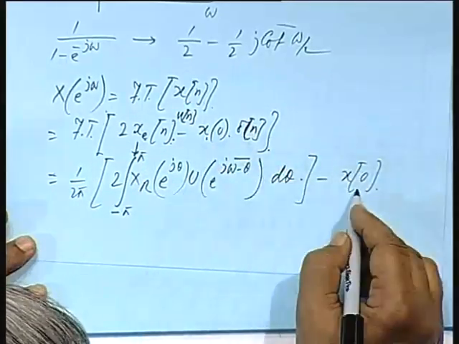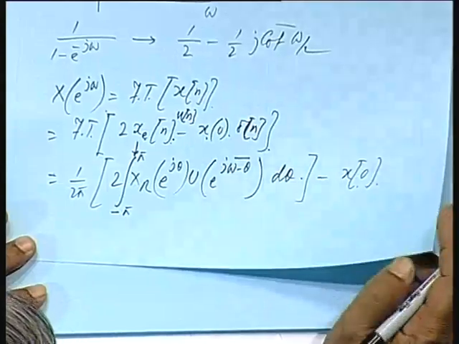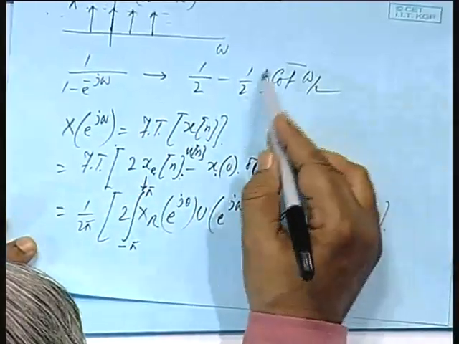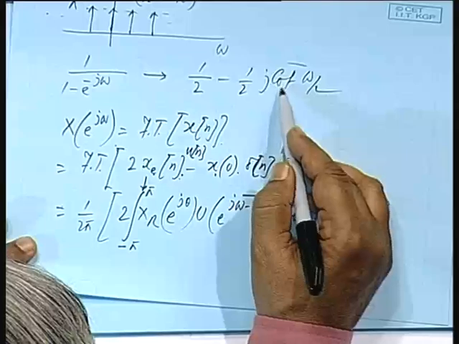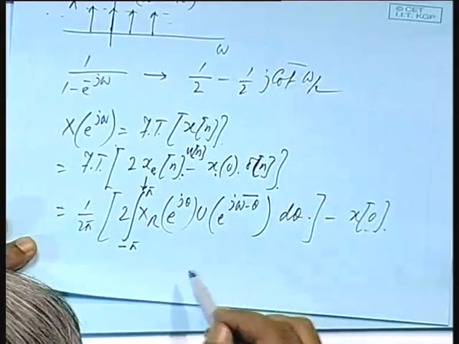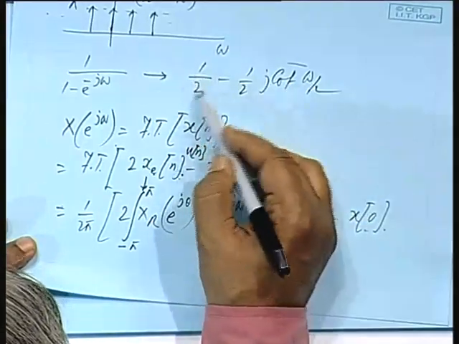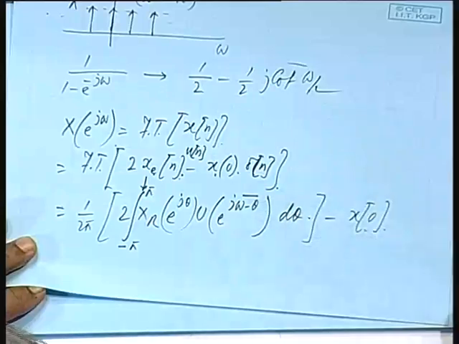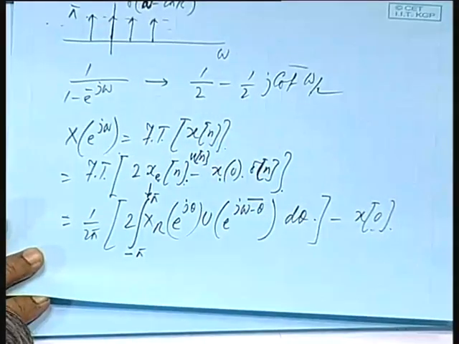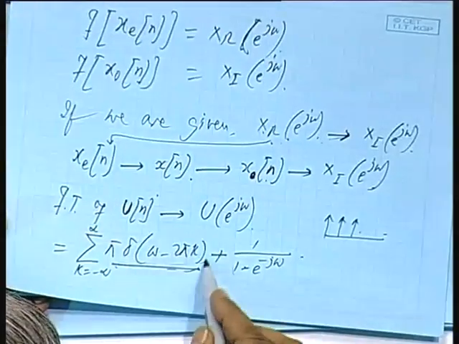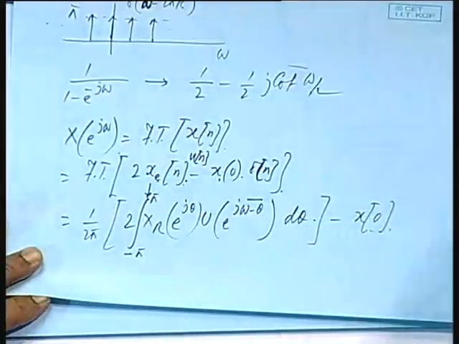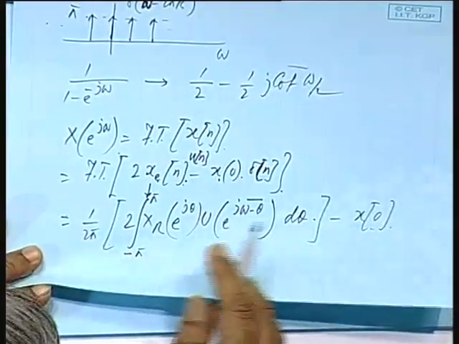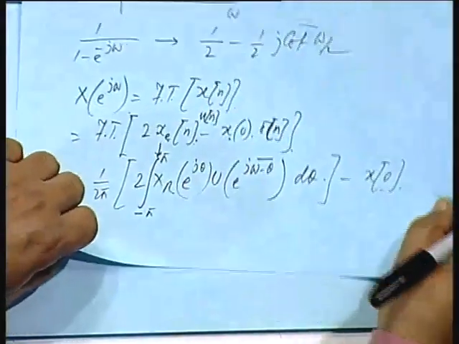So, it will be coming as a constant x[0]. And this is half j cot ω by 2, and there is a separate term half, and also a term like this. These two will get cancelled.